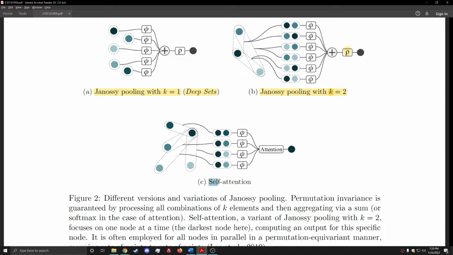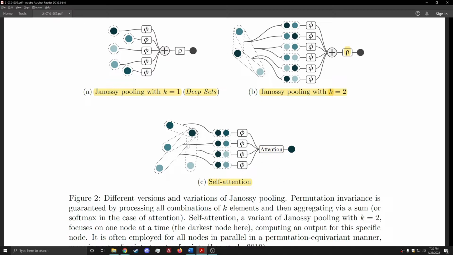And from k equals 2, we immediately see the relationship with the self-attention mechanism seen in transformers. Self-attention is only a slight variation where you take one node and you take every k equals 2 relationship with that singular node. Whenever you plug it into your phi here, you're only plugging 4 things into the phi.